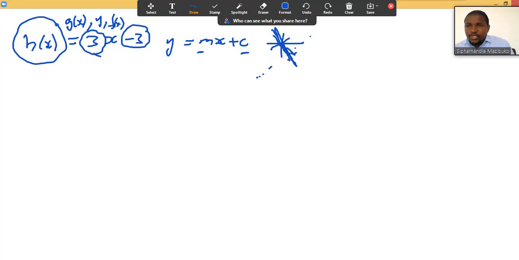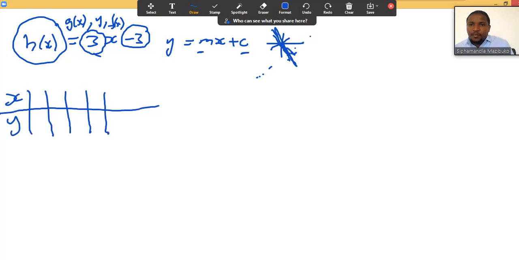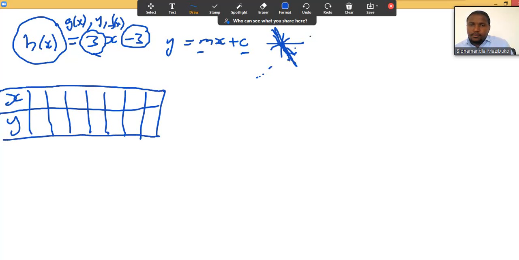Okay, so let's look at it now. We have x, we have y, so we're trying to find it and see what will happen. So we have 0, 1, 2, 3, minus 1, minus 2, minus 3. Let's look at our x.